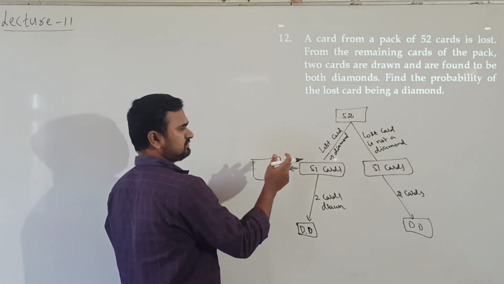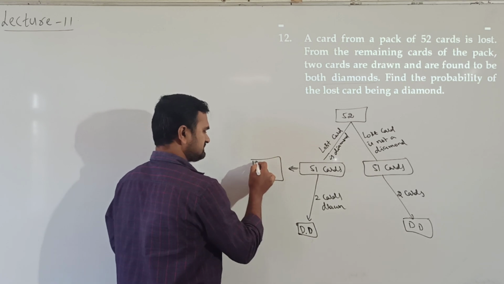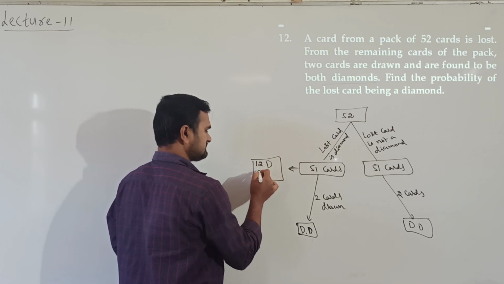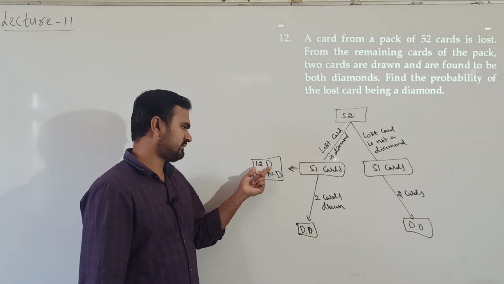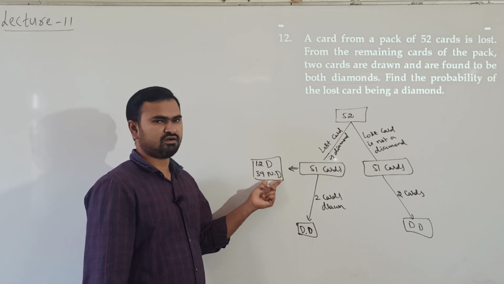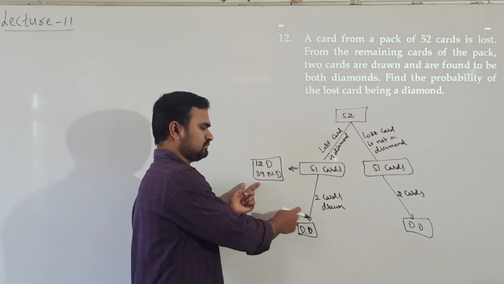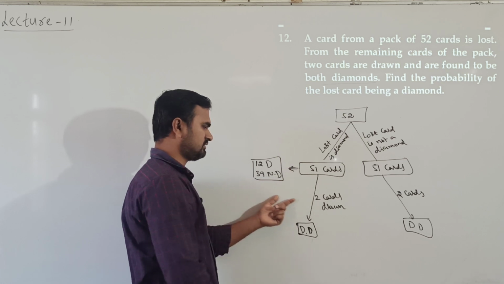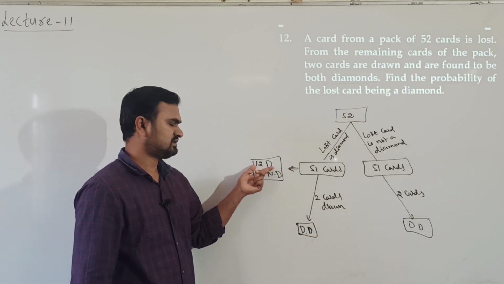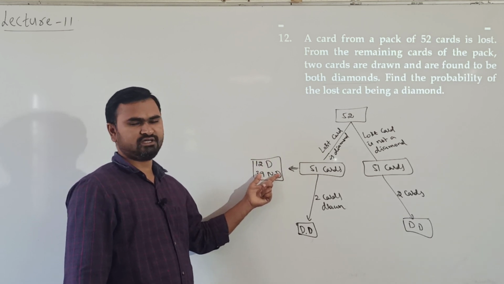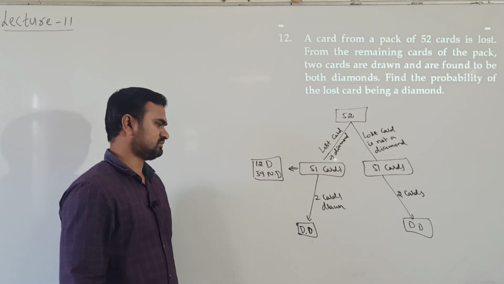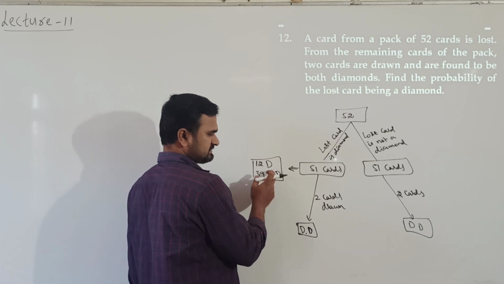So in 52, one diamond card is lost. So 12 diamond cards remain and 39 non-diamond cards. Understand? There are 12 diamond cards and 39 non-diamond cards. From that we are drawing two cards. So the probability of selecting two diamond cards is 12C2 divided by 51C2. So this is getting two diamond cards.